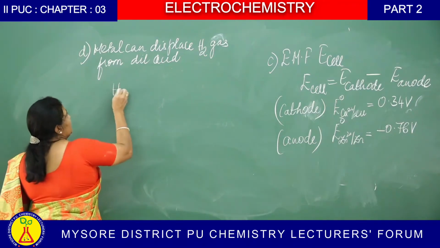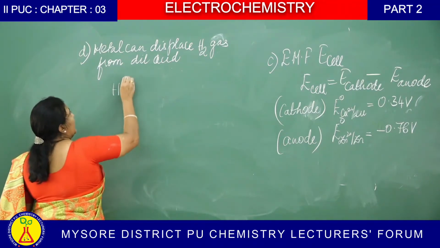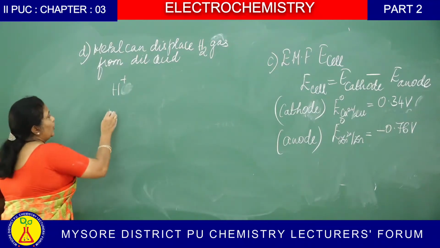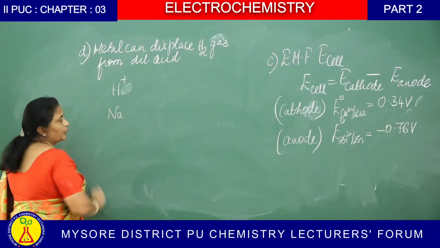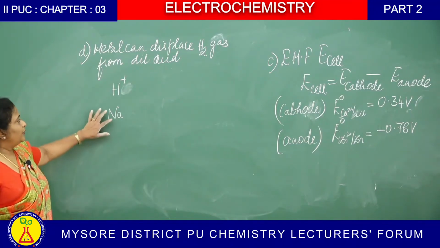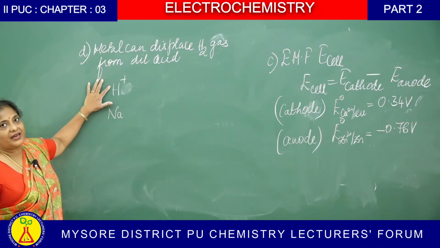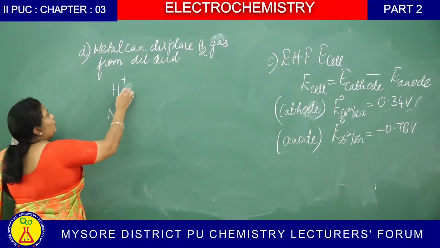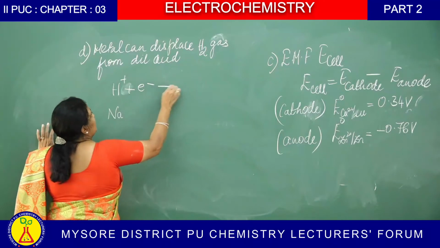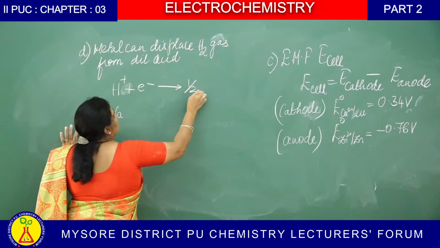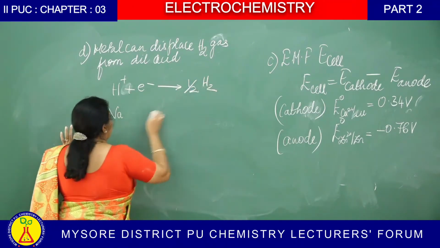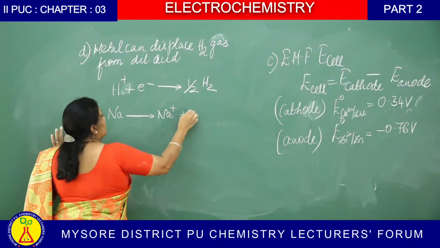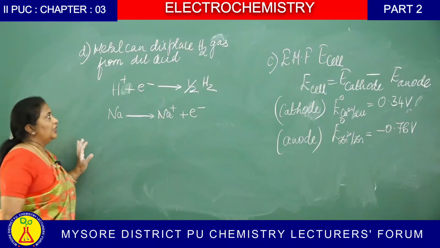Now, let us take dilute HCl. In that we have H plus ions, and let us take sodium. If sodium has to displace hydrogen from the solution, then the following two reactions should be able to occur.